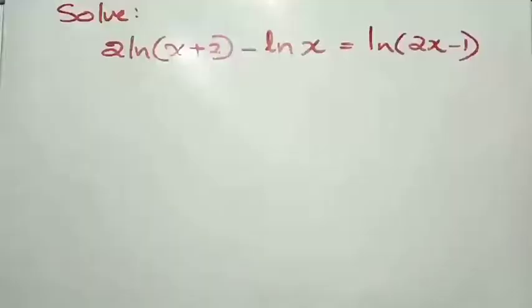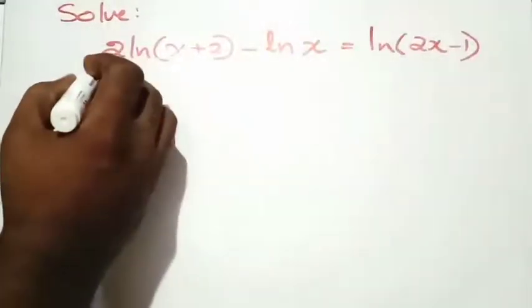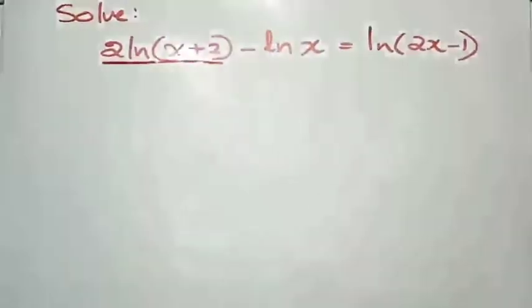Another question: solve 2 log x plus 2 minus log x is equal to log of 2x minus 1. Let us simplify this first, then we can solve it. This part looks like m log a. You know that m log a is log a raised to m.